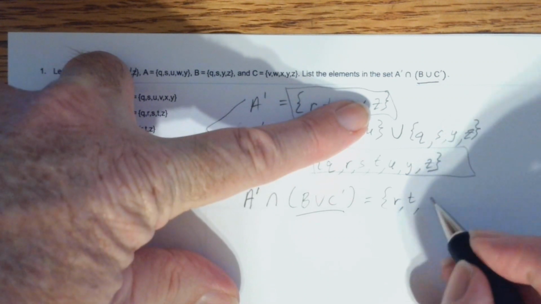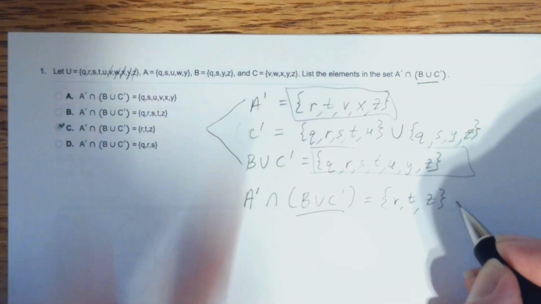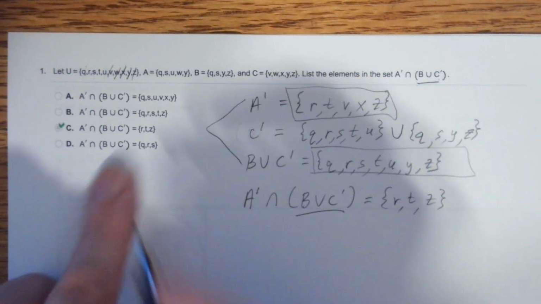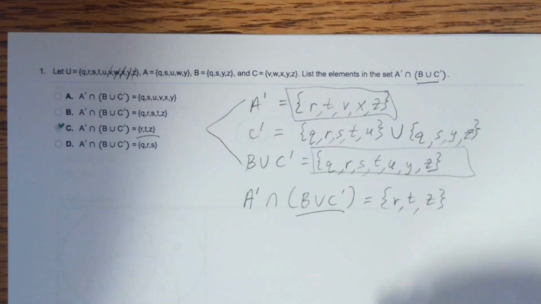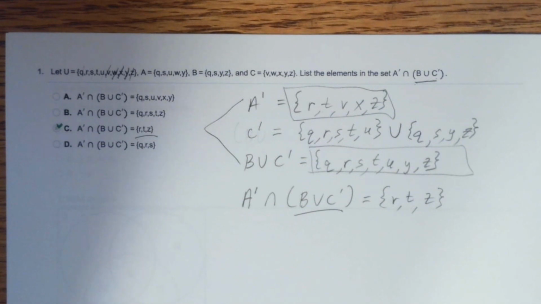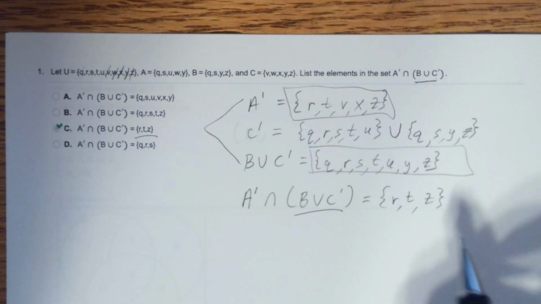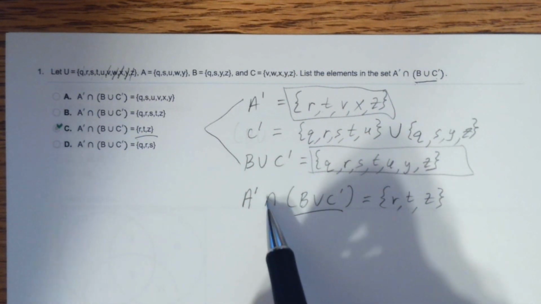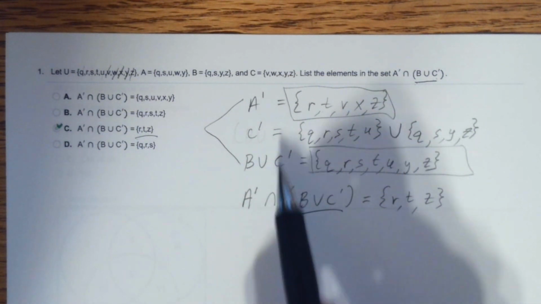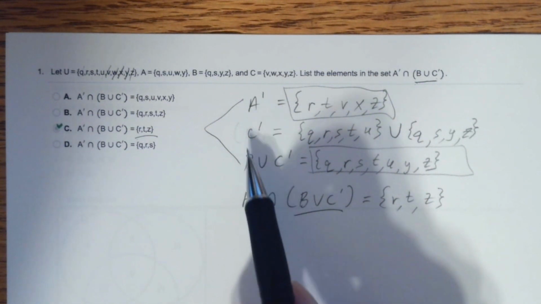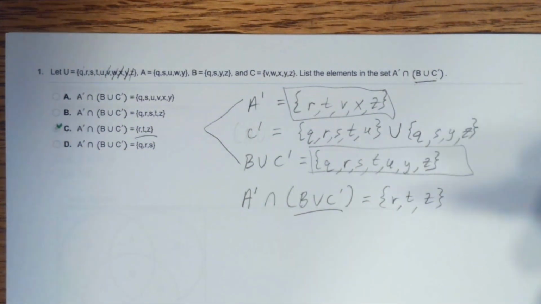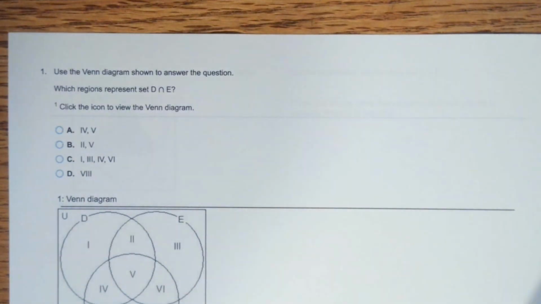But they do both have Z. So it's R, T, and Z, which is what we had here. Alright, so again, you've got to take it step by step and build until you get this whole expression, which is what we ended up with here. We were basically intersecting this set and this set here. We wanted to see what members or elements those two sets had in common.